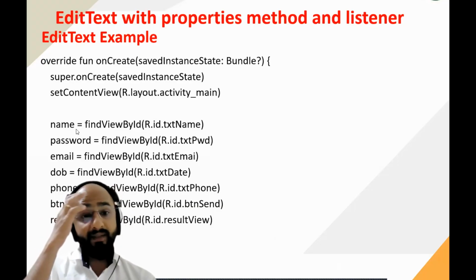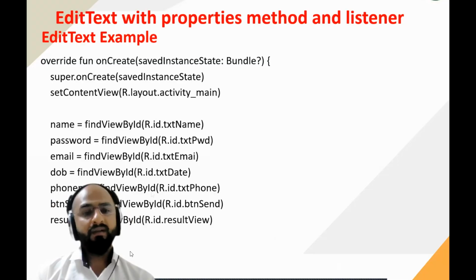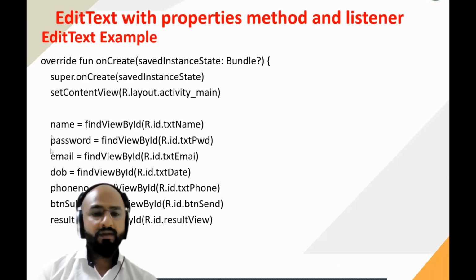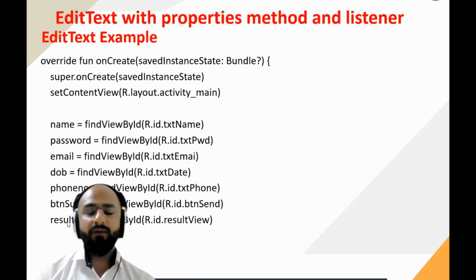Now you can see over here I have taken different variables: name equal to findViewById txt name, password equal to findViewById txt password, email equal to findViewById txt email, date of birth equal to findViewById txt date, phone number equal to findViewById txt phone, button submit equal to findViewById R.id.button_send, and result equal to findViewById R.id.result_view. सो ये नेम, पासवर्ड, ईमेल, डेट ऑफ बर्थ, फोन नंबर, ये सभी एडिट टेक्स्ट है. बटन सबमिट हमारा जो बटन लिया था वो है, और रिजल्ट जो है वो टेक्स्ट व्यू है.